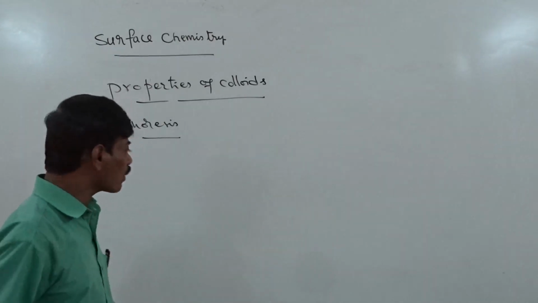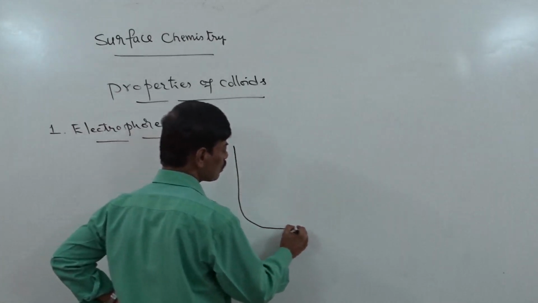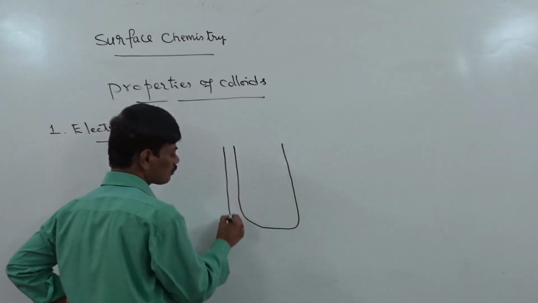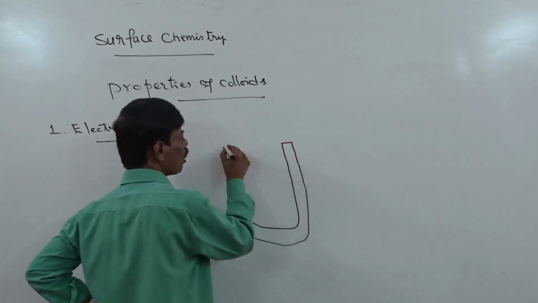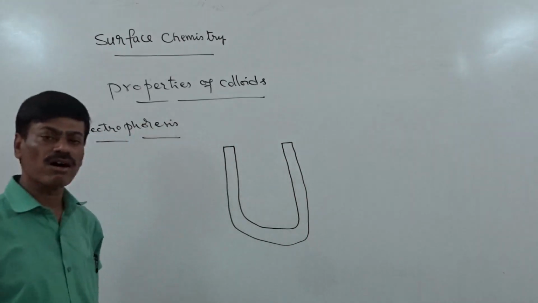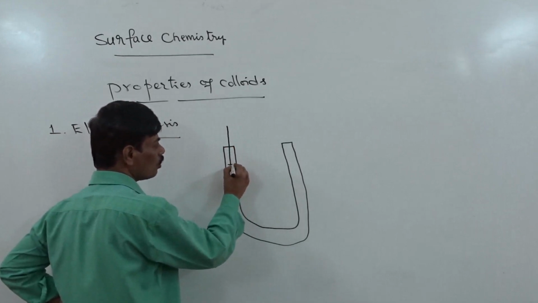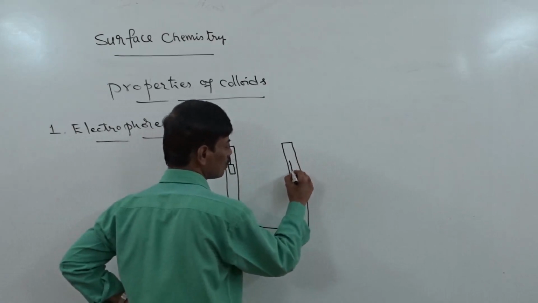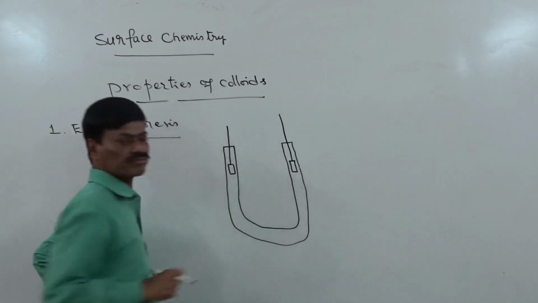Right? How is it separated? Let us see. In this we have a U-shaped tube, and in this U-shaped tube, we have 2 electrodes made up of platinum. This is one electrode. This is in the other limb, we have a different electrode.